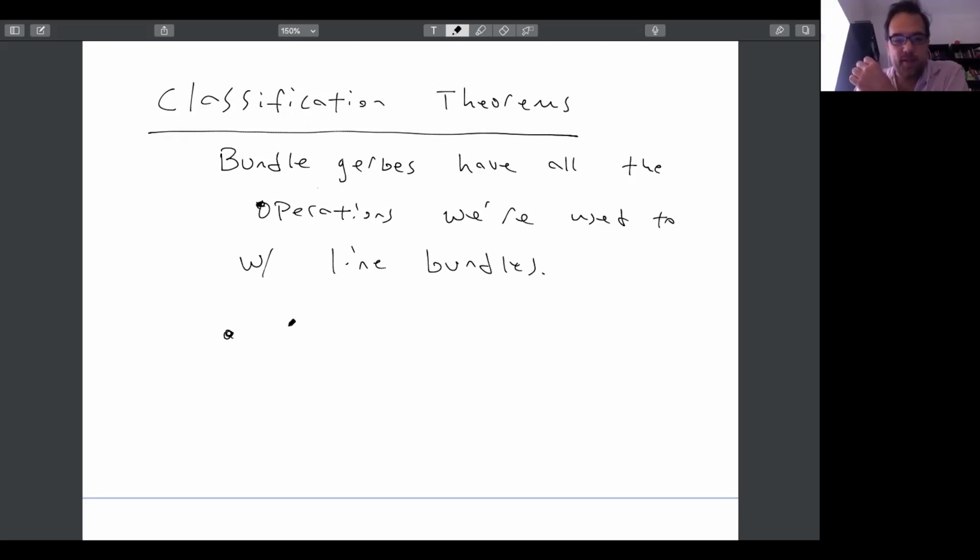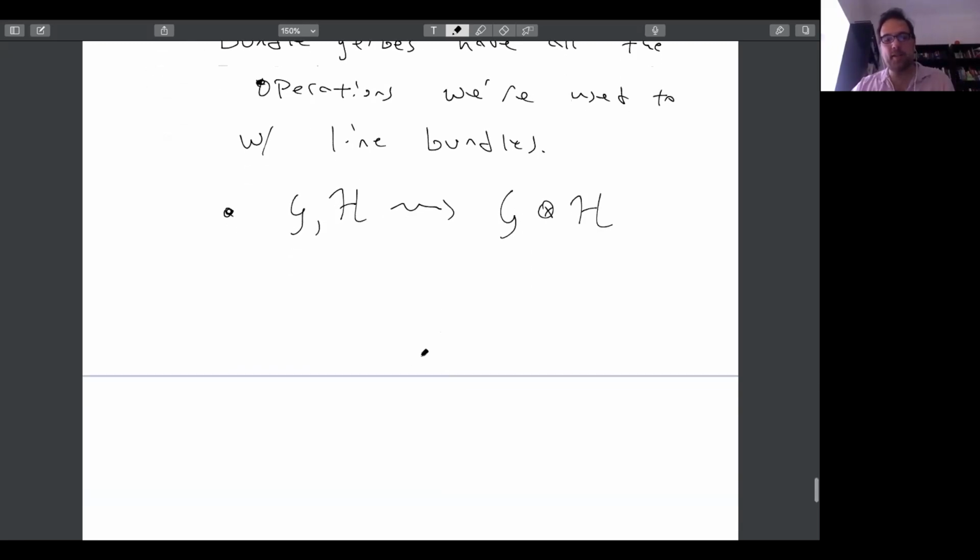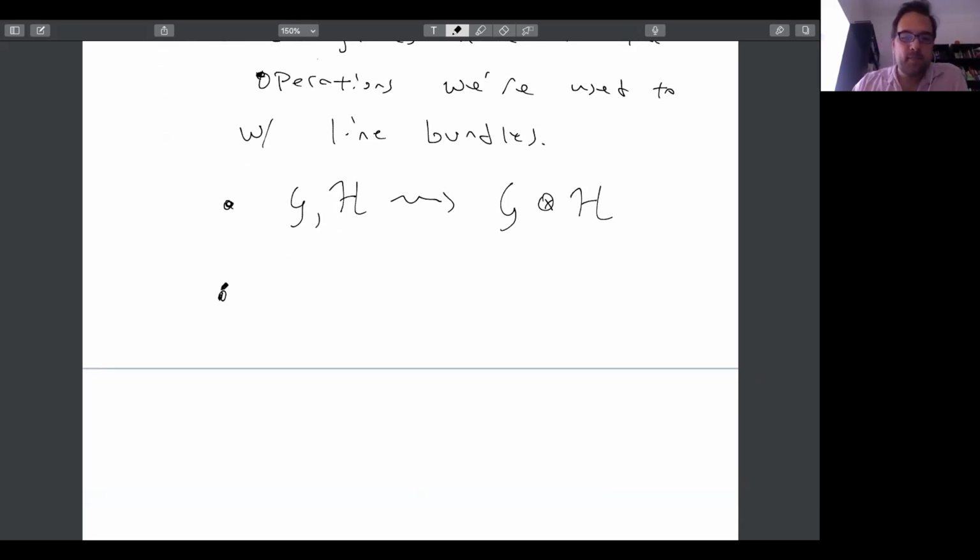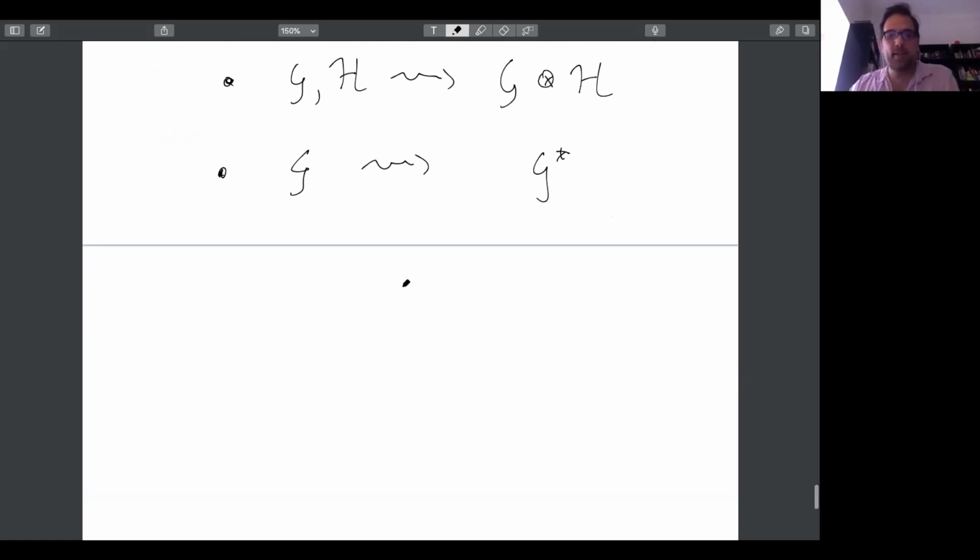Specifically, they can be tensored. If you have a pair of bundle gerbes, there's a way to tensor them and get a bundle gerbe, and this is built from tensoring line bundles. They can be dualized. If you have a bundle gerbe, there's a way that you can dualize it and get another bundle gerbe, and this is built from dualizing the defining line bundle.